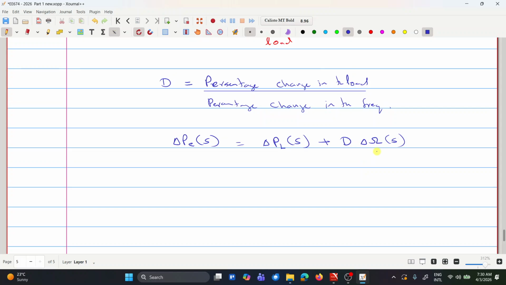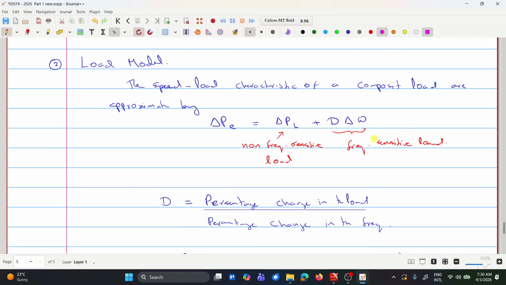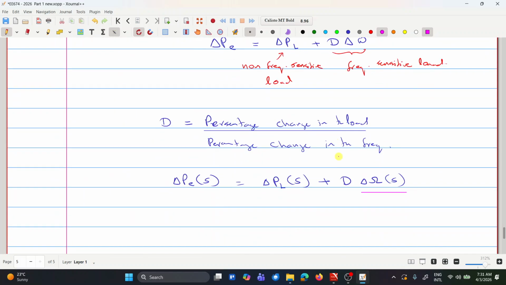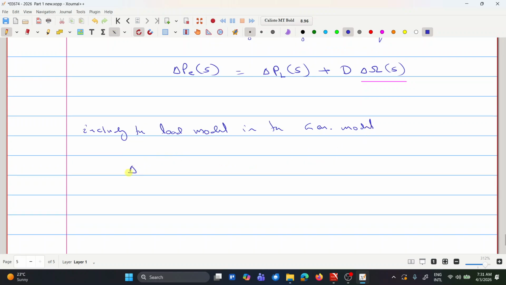Now you can see that there is a delta omega S part, which is actually the output of the generator model. So we can combine this load model with the generator model, including the load model in the generator model. In the generator model we had that delta PM.